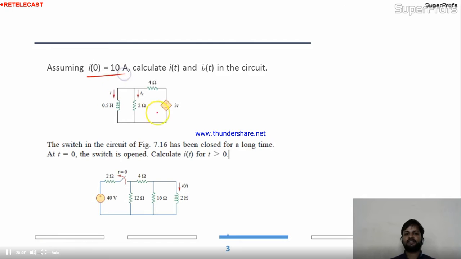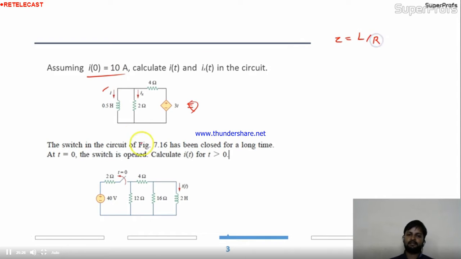Assume I naught is 10, which is given here. Calculate i(t) and ix(t) in the circuit. This is similar to what we have seen earlier based on the capacitor concept. So we need tau, which is nothing but L by R. L is given, and across L I have to find the resistance of the circuit.